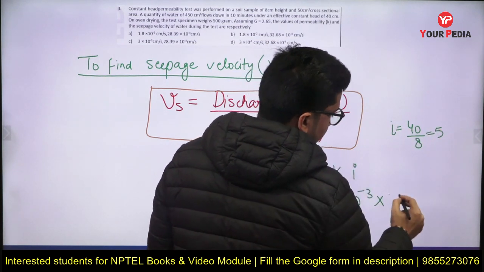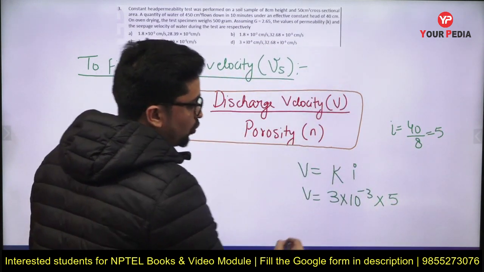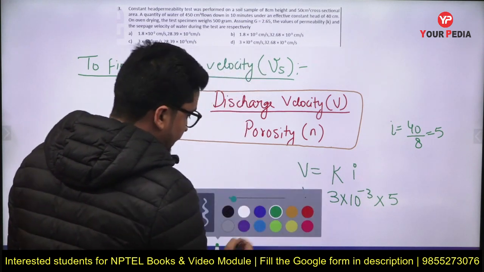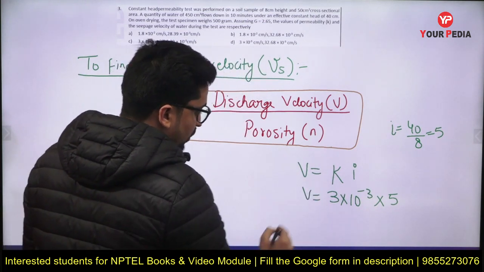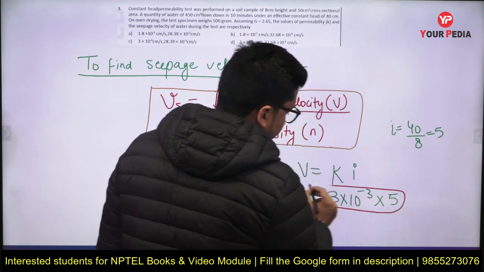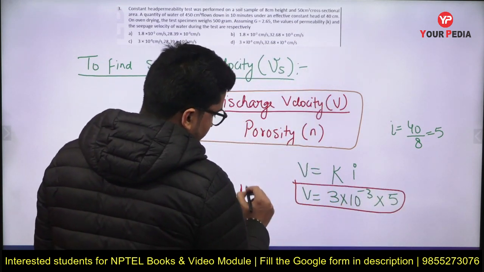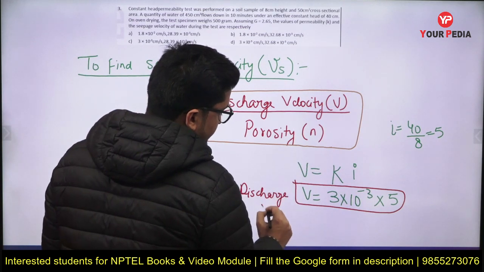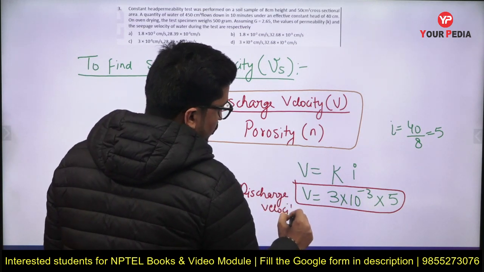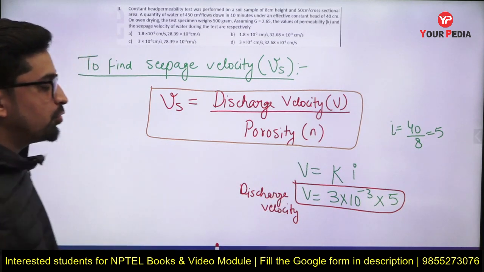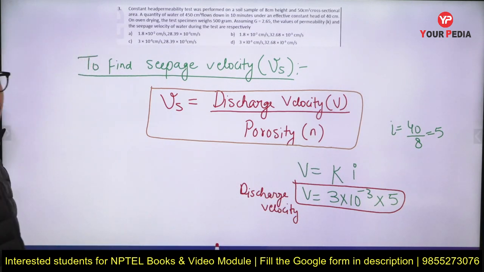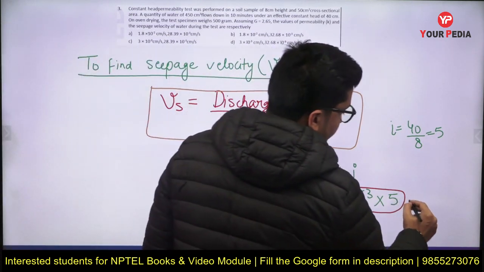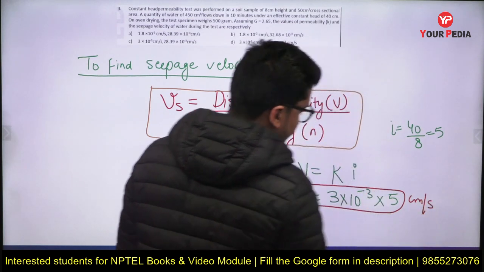So the discharge velocity is K into i, 3 into 10 to the power minus 3 into 5, and the unit will be centimeter per second.